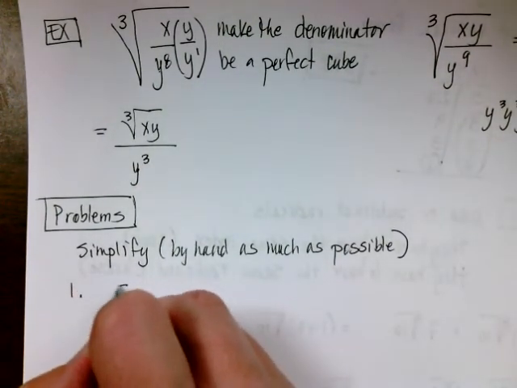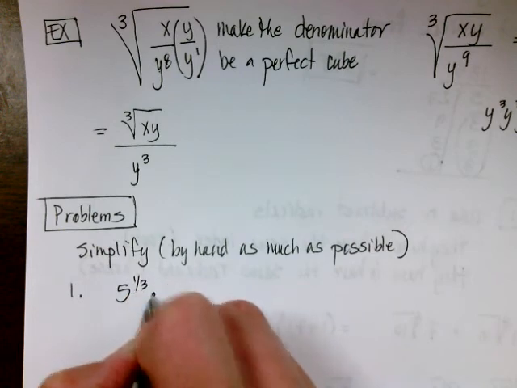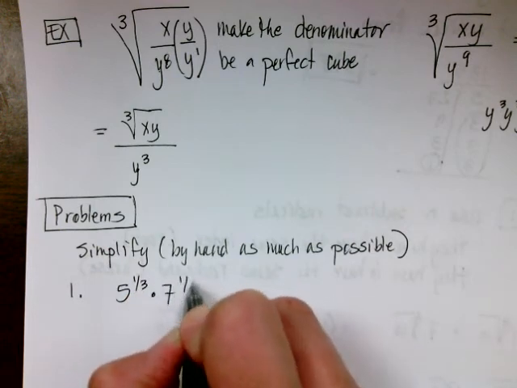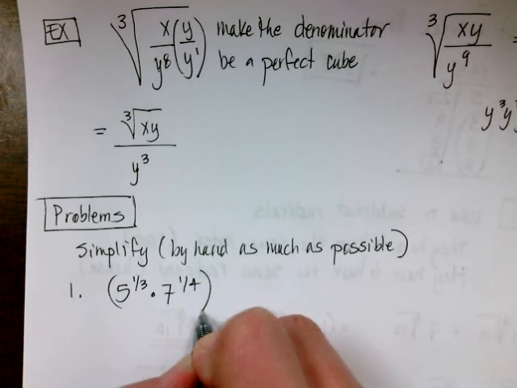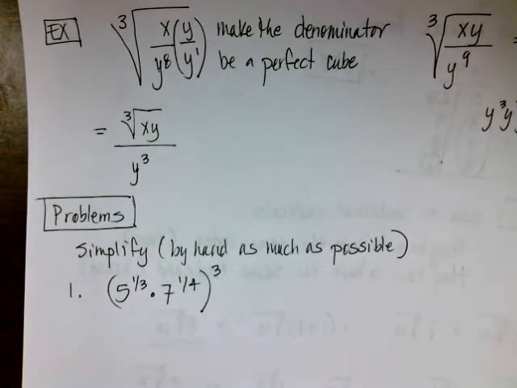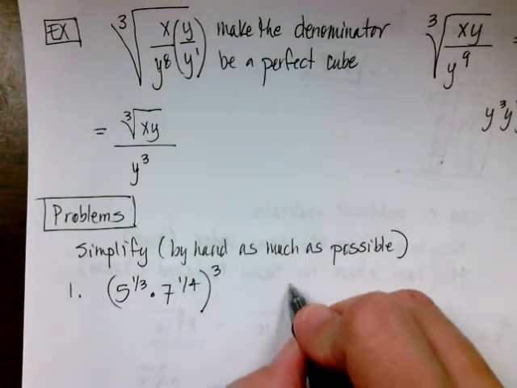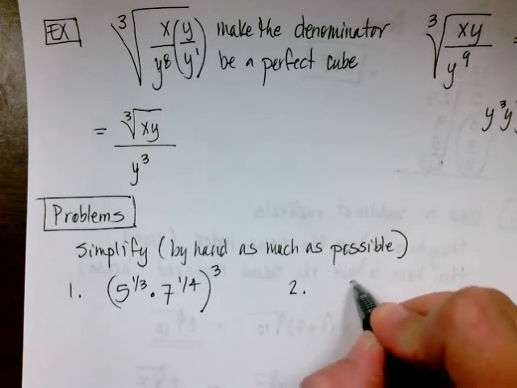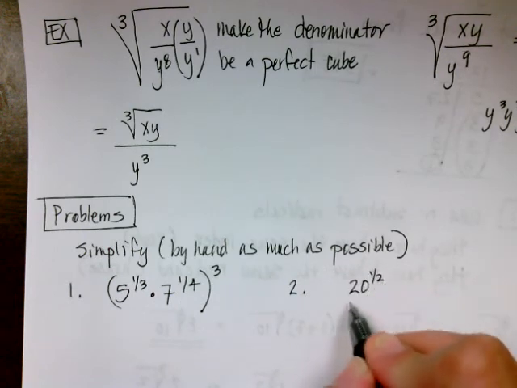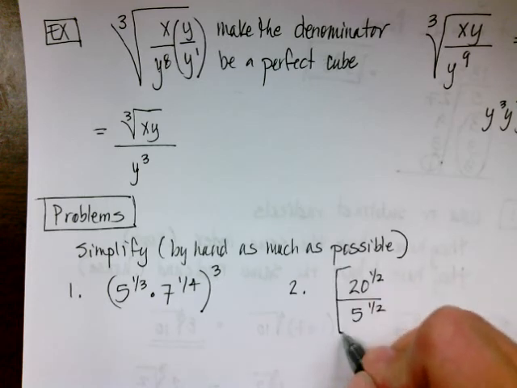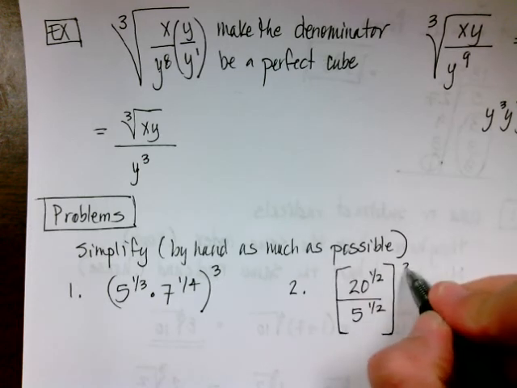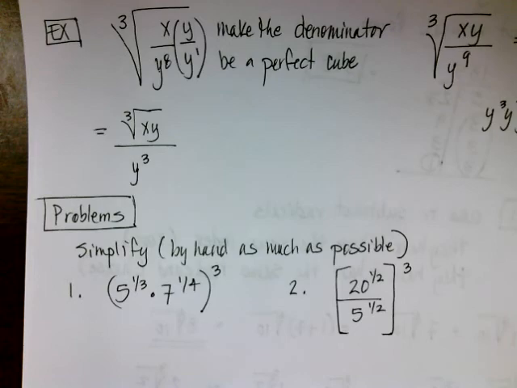Number 1 is 5 to the 1/3 times 7 to the 1/4, both of those things raised to the third. Number 2, you're going to do 20 to the 1/2 divided by 5 to the 1/2, and you're going to take that whole thing and raise it to the third.